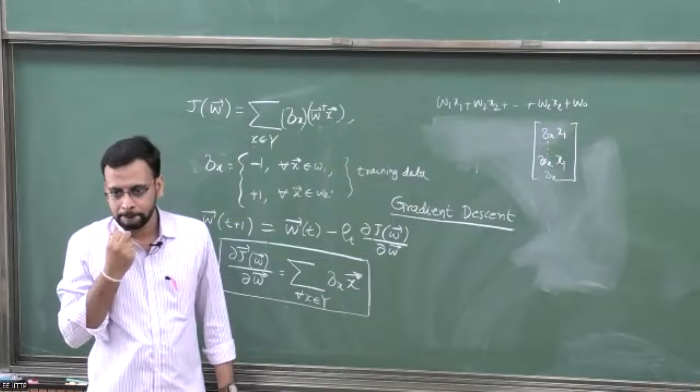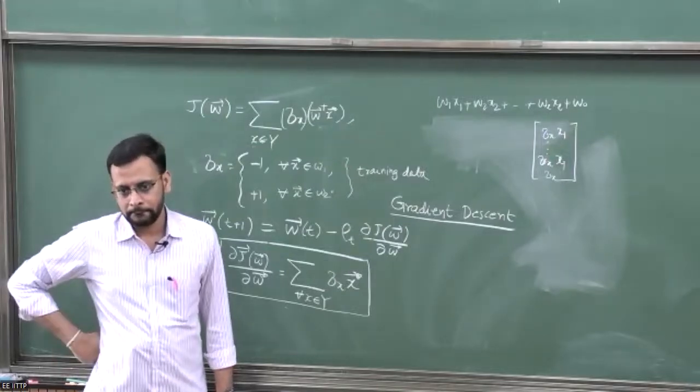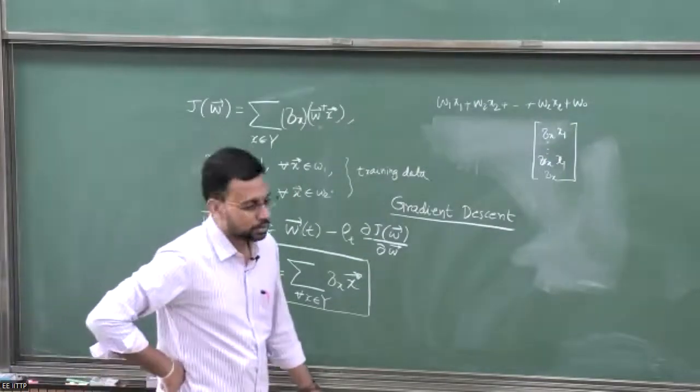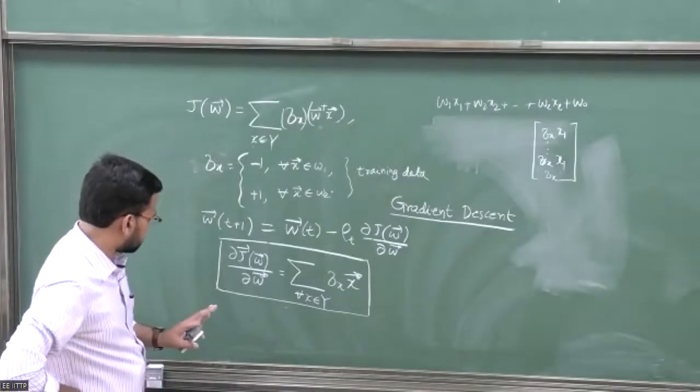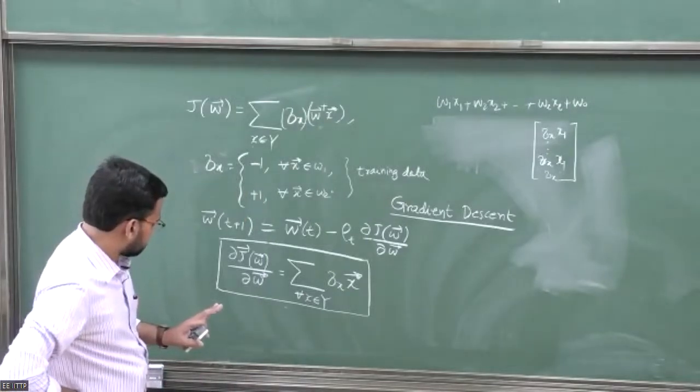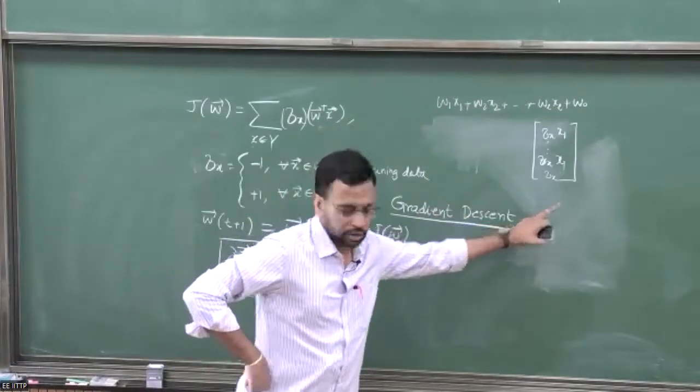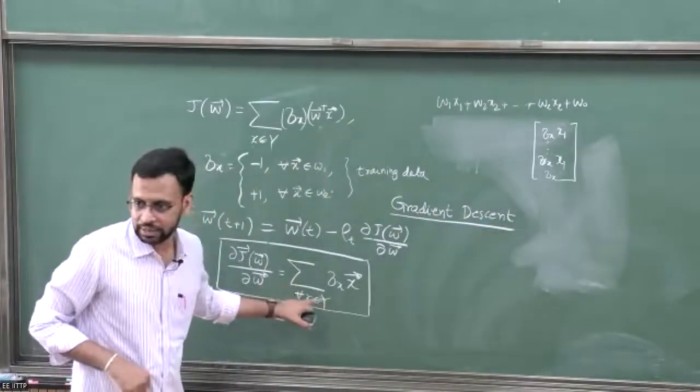The x1 values of all the misclassified data will be added, because we are taking a summation for each vector. Correct. Yes, just a minute, you have a point. This is for a single one, correct? Now the summation is there.